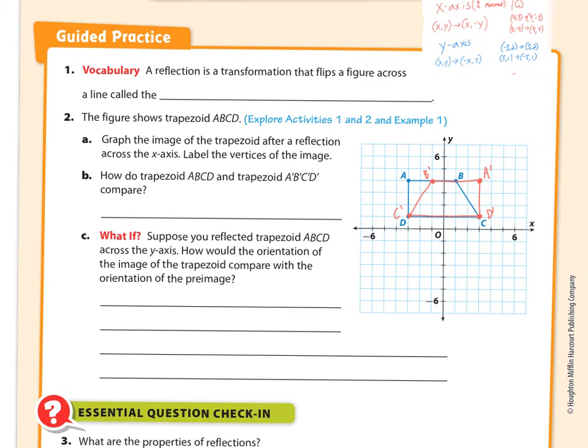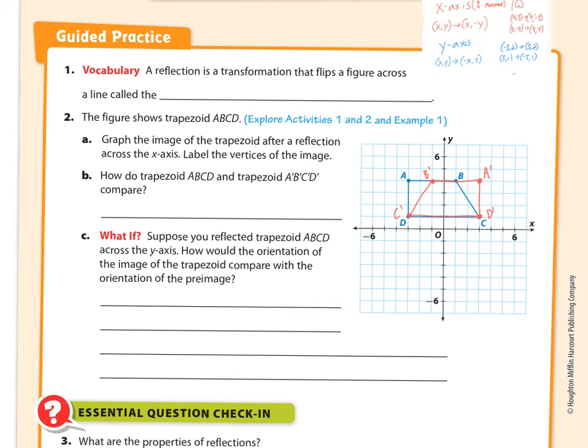Just to kind of review, because I see a question that they're asking here, our size and our shape does not change. Besides position, what was the one thing that changed? Starts with an O. Orientation.